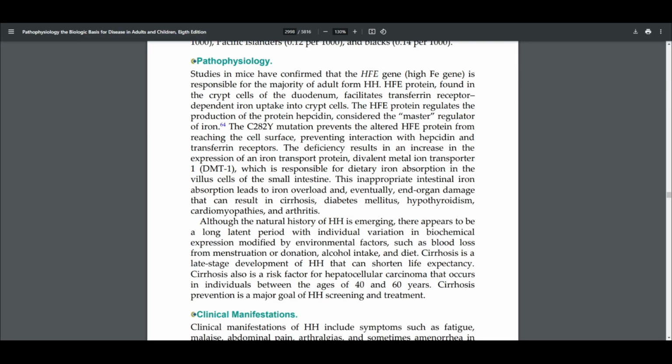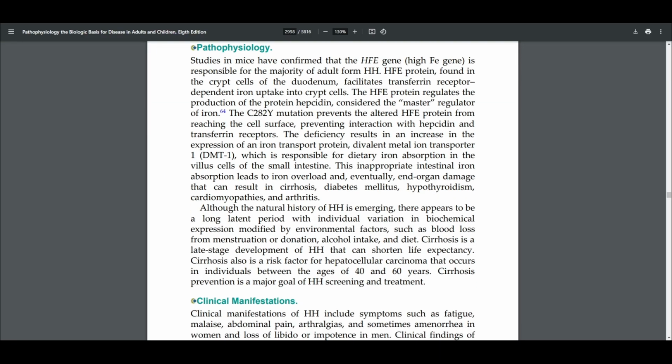So, what is the pathophysiology? Studies in mice have confirmed that the HFE gene is responsible for the majority of adult forms of HH. The HFE protein found in the crypt cells of the duodenum facilitates transferrin receptor dependent iron uptake into crypt cells. The HFE protein regulates the production of the protein hepcidin, considered the master regulator of iron.